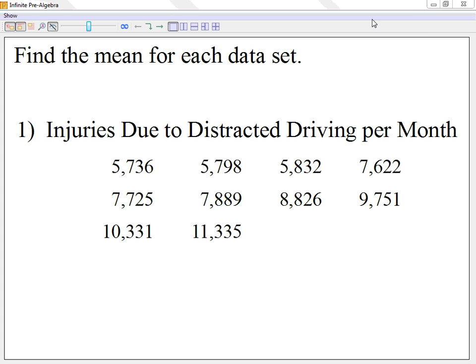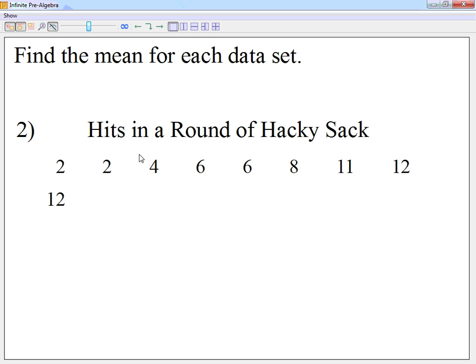Let me do question number 2. I'm going to add my numbers: 2 plus 2 plus 4 plus 6 plus 6 plus 8 plus 11 plus 12 plus 12. I get 63. So I added everything.